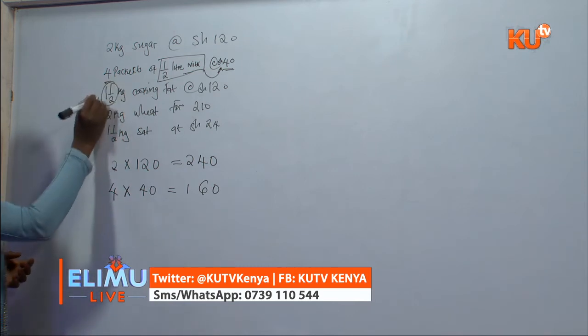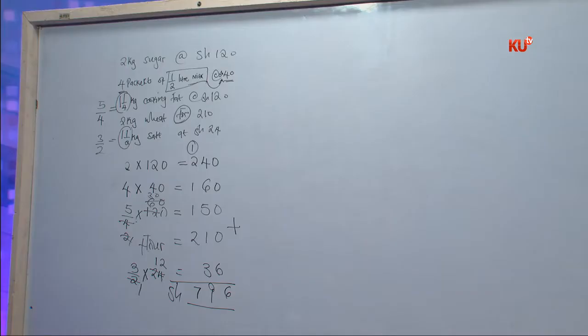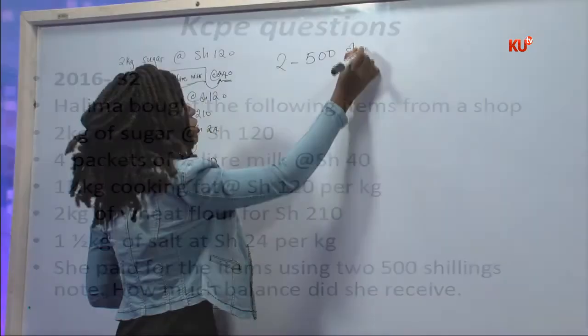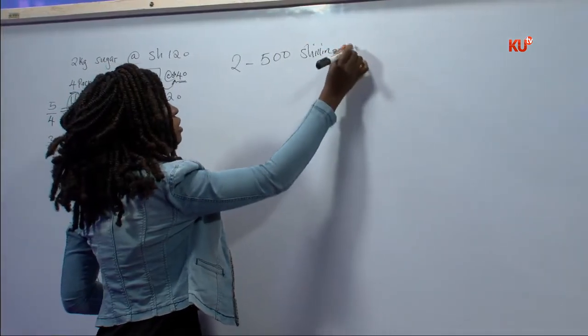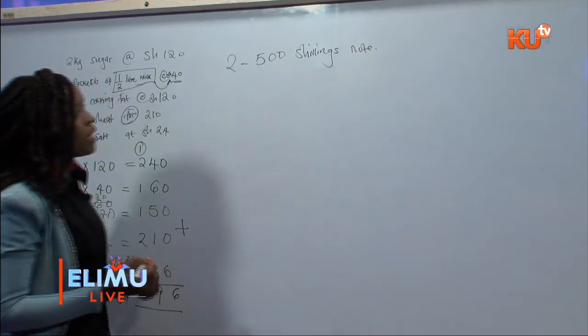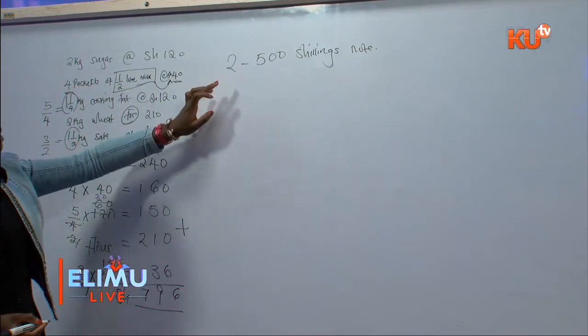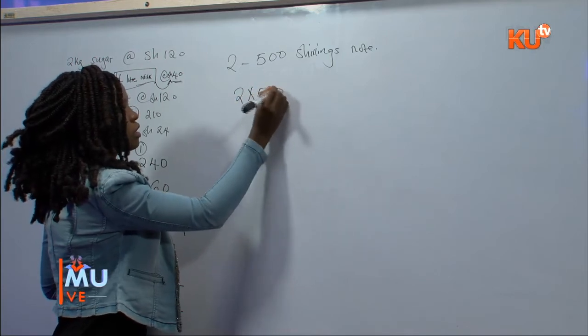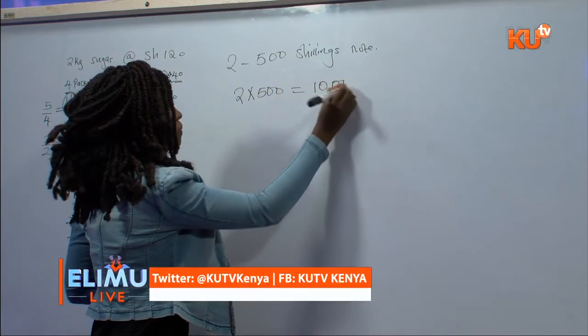She paid for the items using 2 500 shillings notes. So we get the total amount of money that she used to pay. 2 times 500, we get 1,000.